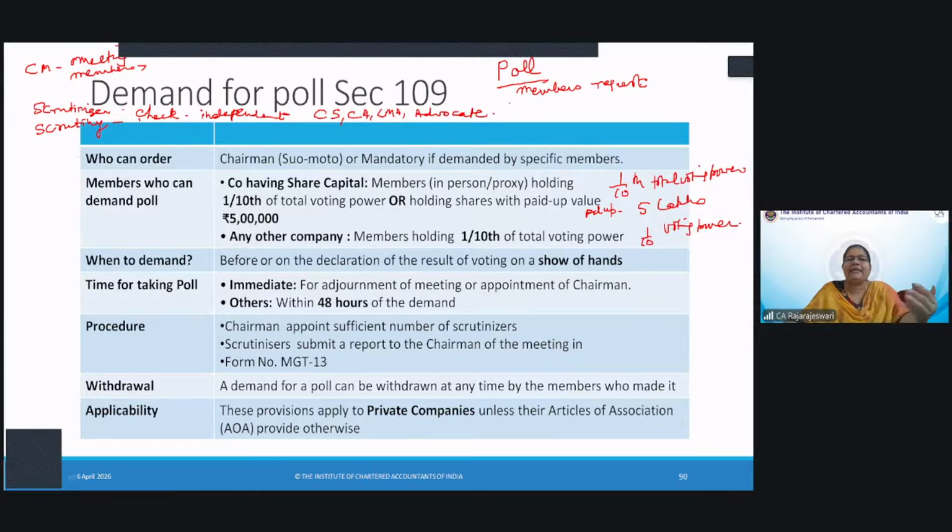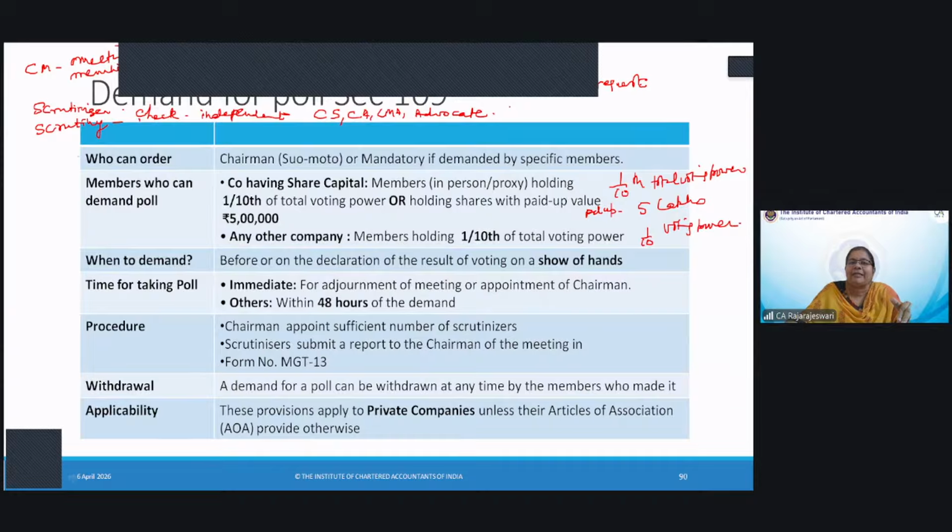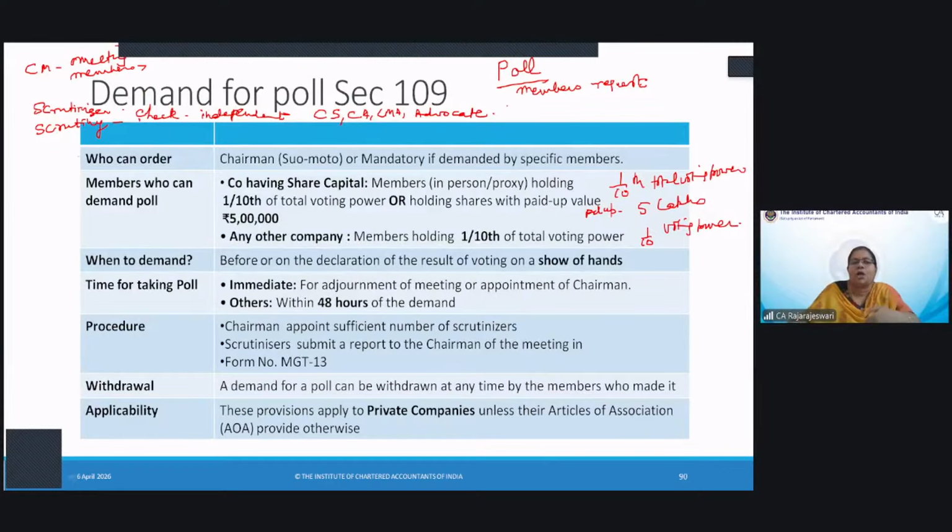If I am there in the meeting, I cannot count. So who will do the counting? It will be done by a third person, called the scrutinizer in a company, because it is done legally. He should count the votes and give the report.